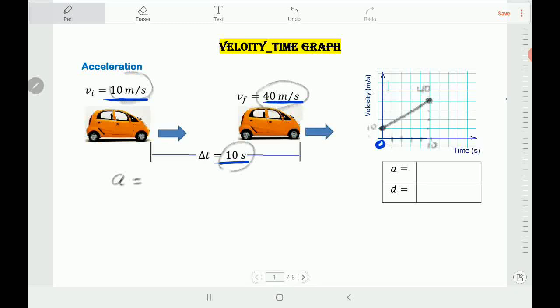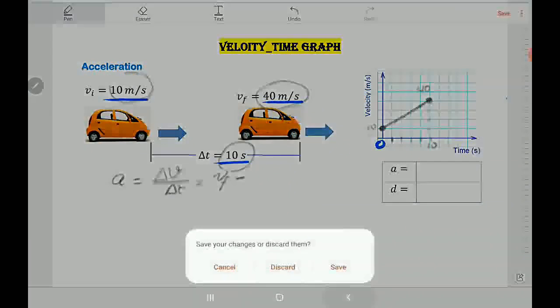Now, how can you find the acceleration? We find the acceleration, as we said, as the rate of change of the velocity with respect to time. How can you calculate the change in the velocity? You go for the final stage, the velocity is Vf, and the initial Vi.